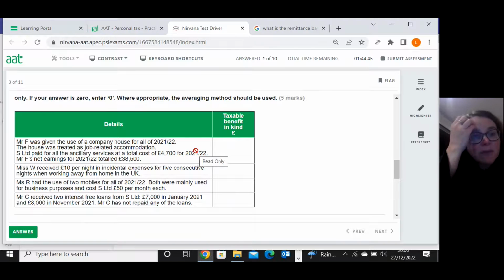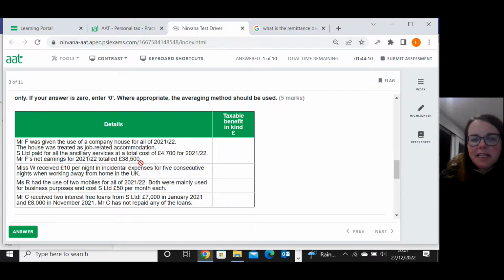So the first one, Mr. F was given the use of a company house for all of 21-22. It is job-related accommodation. So job-related accommodation is an exempt benefit. However, if there are any costs of running the property, known as ancillary services, then they are taxed as a benefit at the lower of what it actually costs the employer, so 4,700, and 10% of the person's earnings.